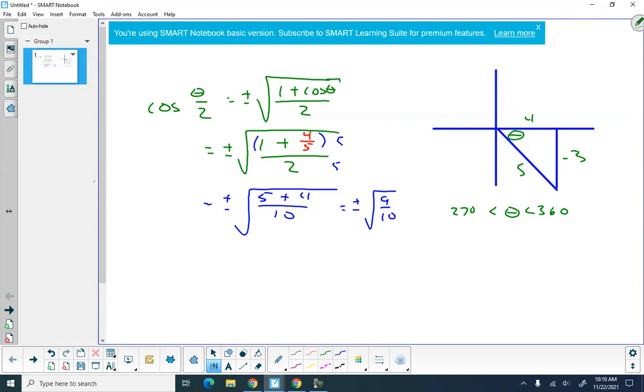At this point now, we have to use our algebraic skills. This is plus or minus square root of 9 over square root of 10, which is square root of 9 is 3, over square root of 10, and then we can rationalize by multiplying top and bottom by square root of 10. So we have plus or minus 3 square root of 10 over 10.